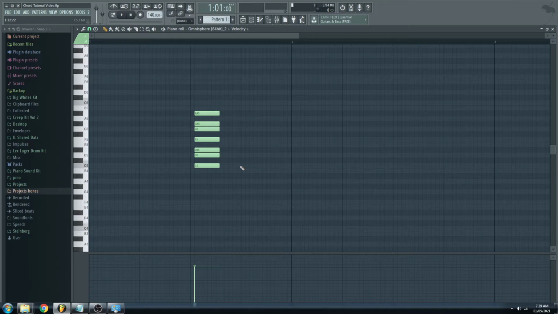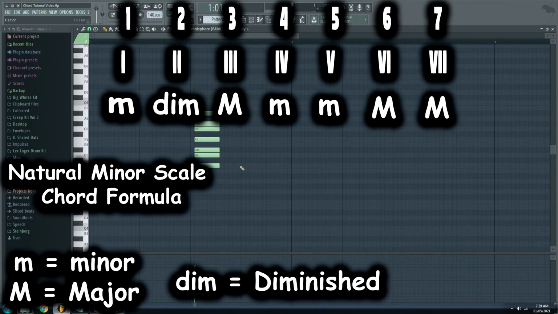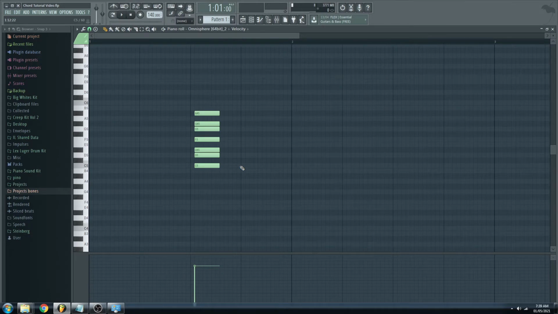So get a pen and paper, whatever, and write this down because this rule or guideline is going to be used for every major scale or minor. Aeolian's minor here, but I'm going to be talking about the major after this because there's a similar rule, okay?